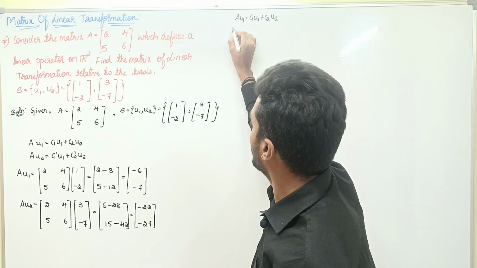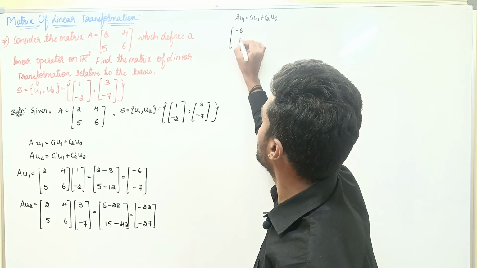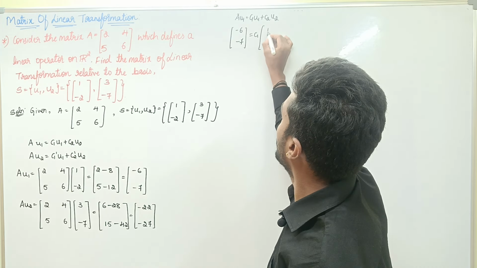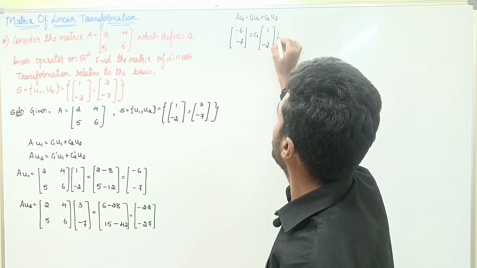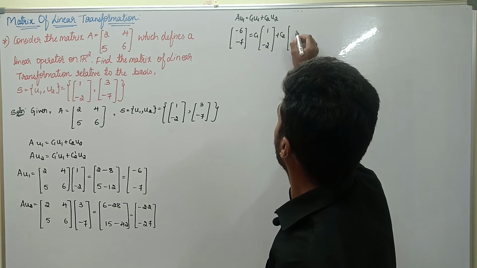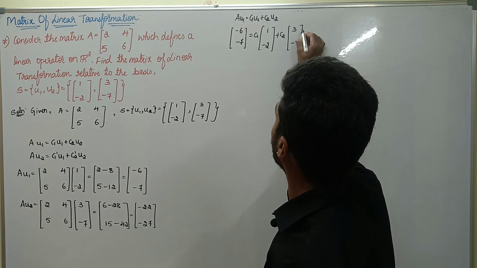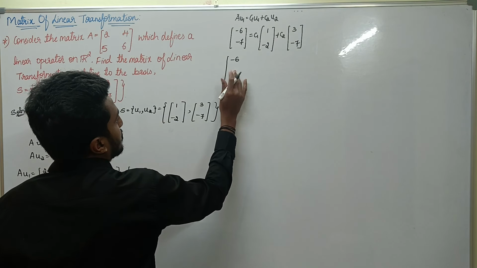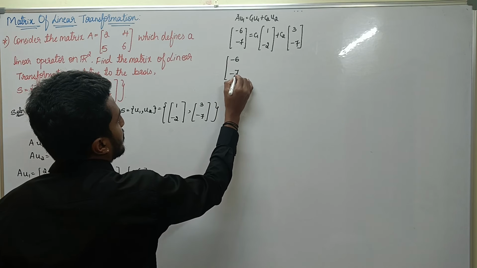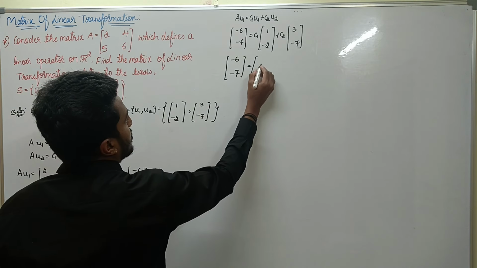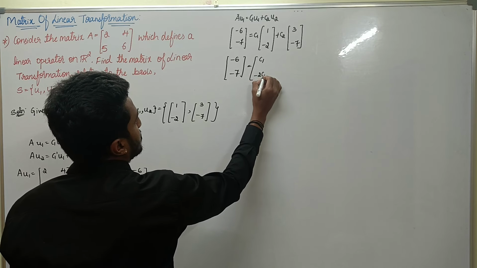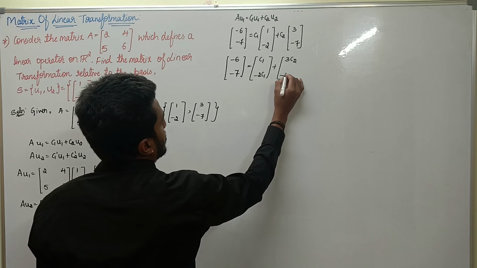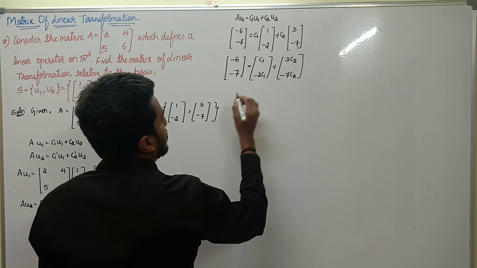What is A u1? We have (-6, -7) equal to C1 into u1, which is (1, -2), plus C2 into u2, which is (3, -7). Just multiply the coefficients. This gives (-6, -7) equal to (C1 + 3C2, -2C1 - 7C2).